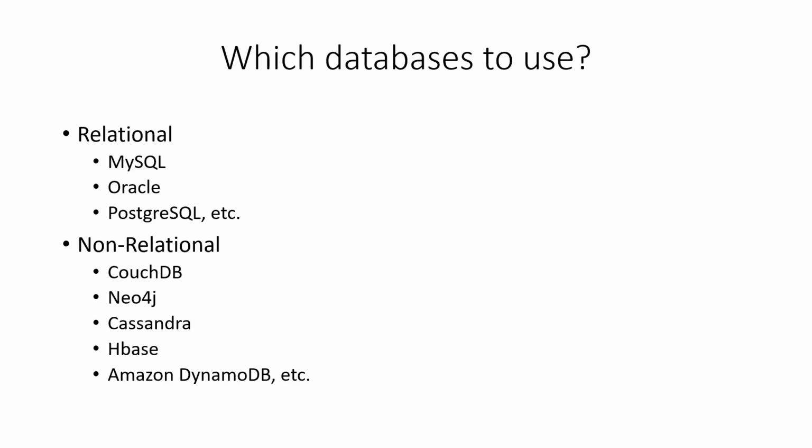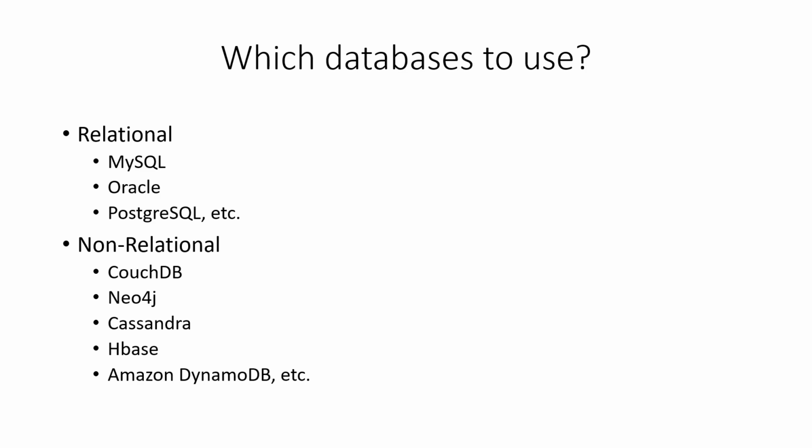Relational databases are also called relational database management systems, RDBMS, or SQL databases. The most popular ones are MySQL, Oracle database, PostgreSQL, etc. Relational databases represent and store data in tables and rows. You can perform join operations using SQL across different database tables.